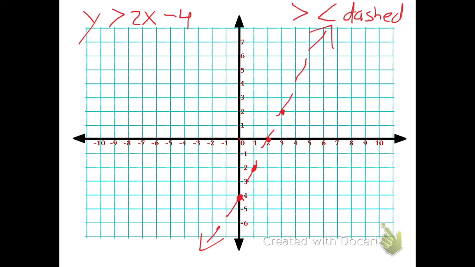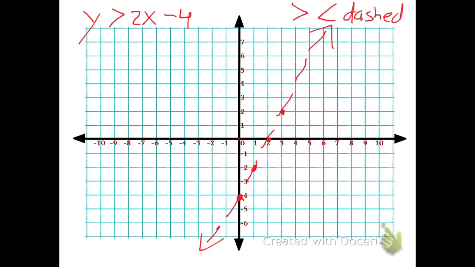In order to figure that out, you have to figure out which points satisfy your inequality. You just pick any point and put it inside the inequality. You put in the y, you put in the x, and if your statement is true, you will shade that side of the line. If it's false, you shade the other side.